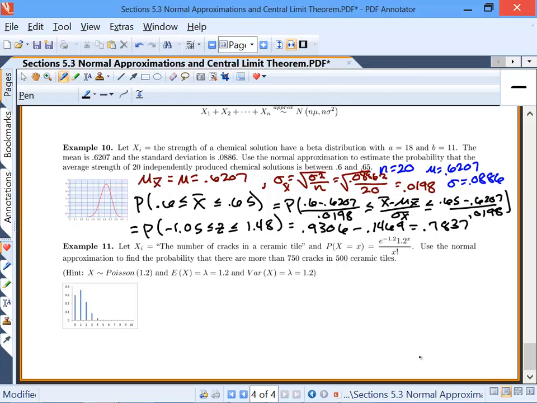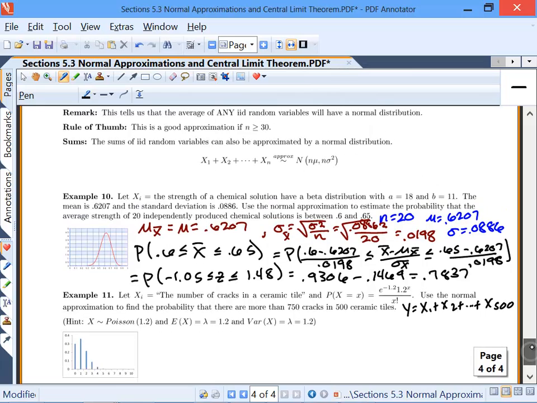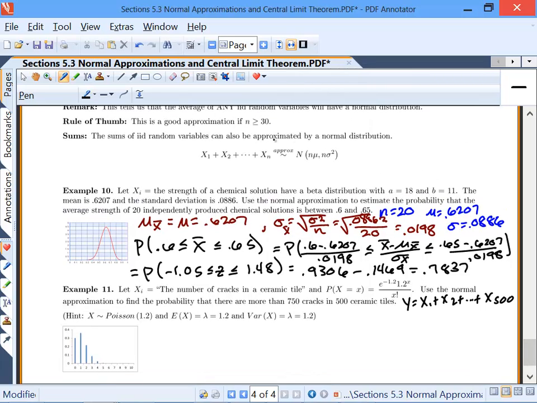Adding them up. So basically, let's say y is x1 plus x2 plus all the way up to x500. Okay. And the central limit theorem tells us that the sum of the random variables is going to be approximately normally distributed with a mean of n times mu and a variance of n times the old variance.